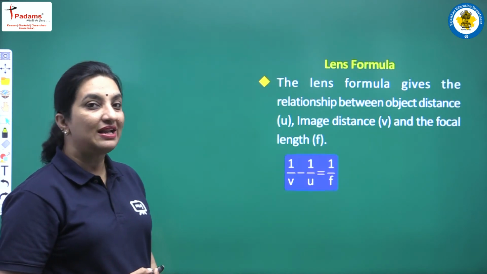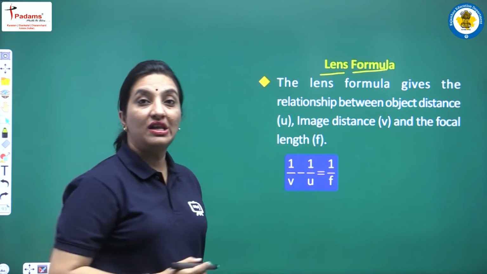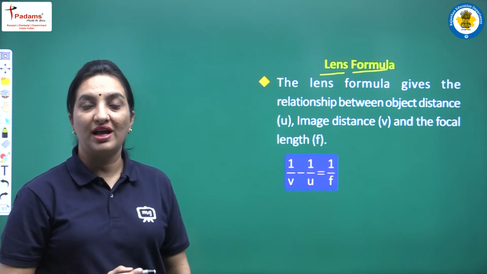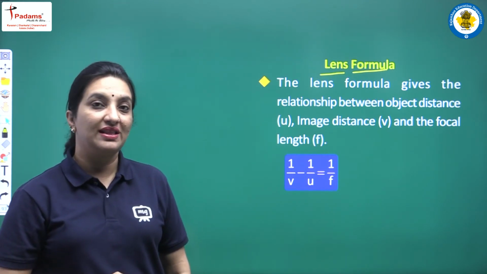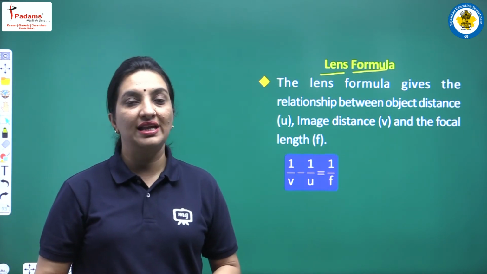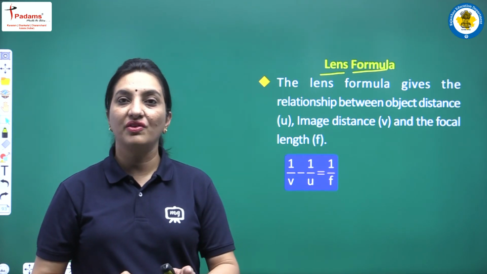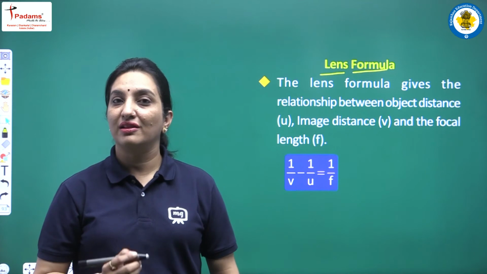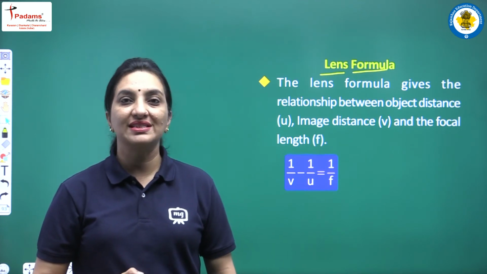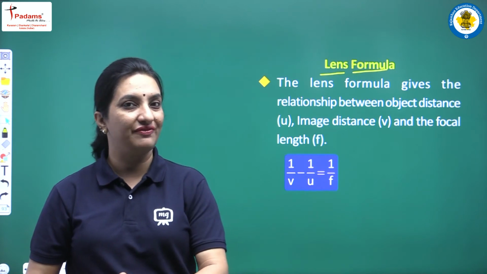Now, let us learn about the lens formula. Students, we have learnt about the mirror formula in case of mirrors. There what we saw was that there was a relation between the focal length, the object distance and the image distance, and again here we will have a relation between the focal length, the object distance and the image distance, but here the relation is a bit different.